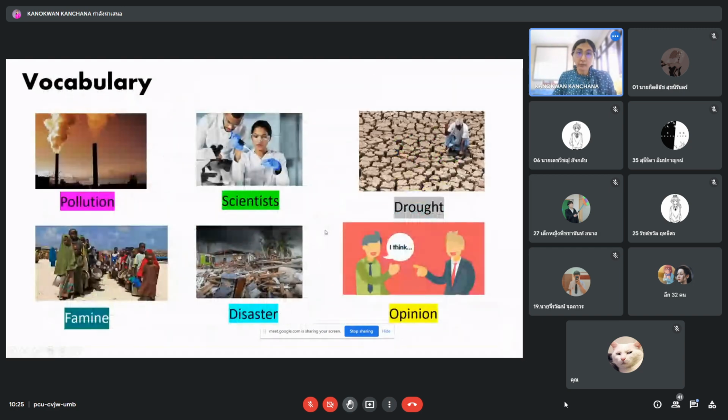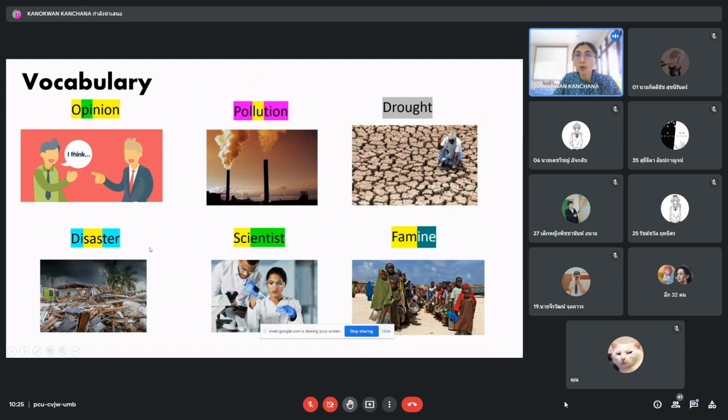Let me go back to this. At first, you learn vocabulary through the pictures, and you are able to pronounce all the words because you see the stress of each word, where to stress in each word. For example, opinion, pollution, drought, disaster, scientist, and famine.